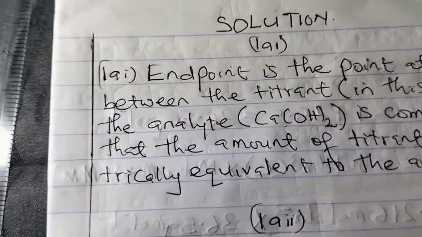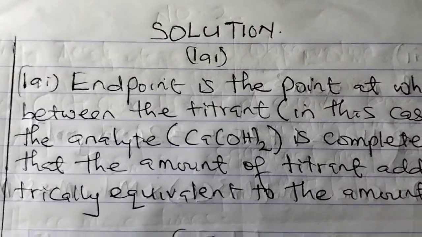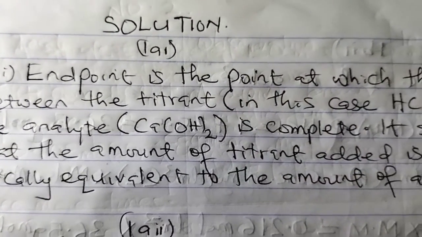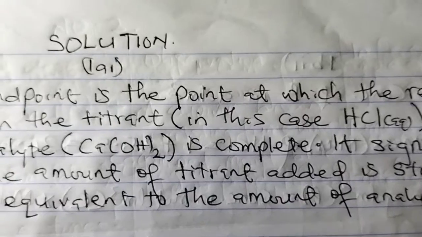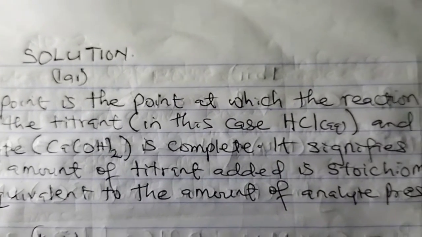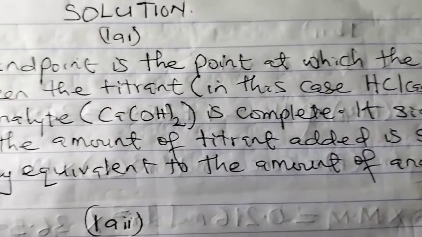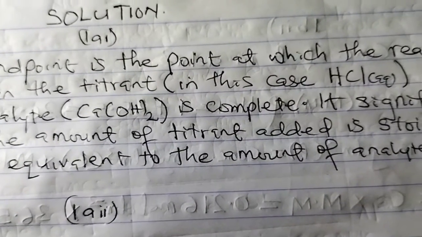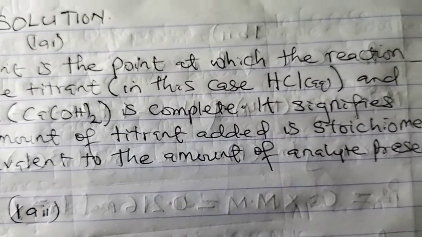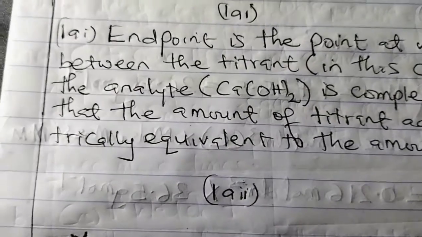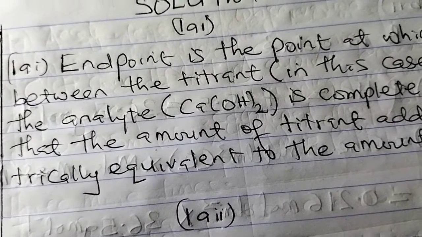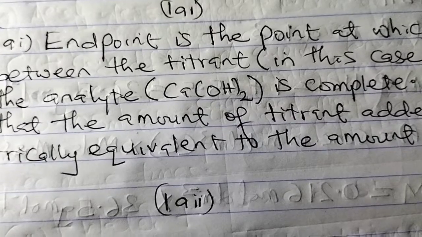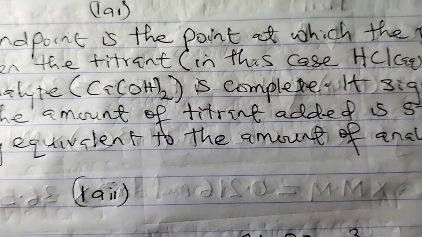Solution 1AI. End point is the point at which the reaction between the titrant, in this case HCl aqueous, and the analyte, in this case calcium hydroxide, is complete.